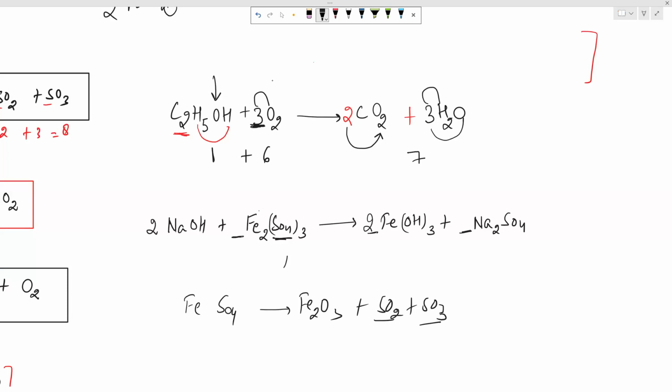So how are the sulfate ions balanced? Here is 3 sulfate ion, here is only 1 sulfate ion. Nabila, your voice is not coming. Just try it.